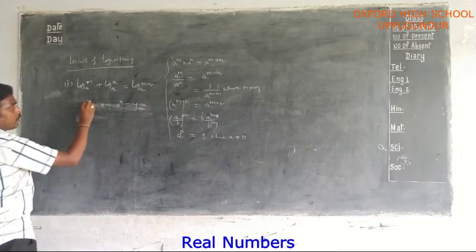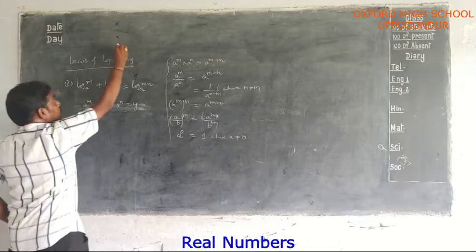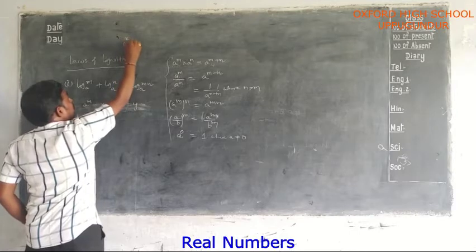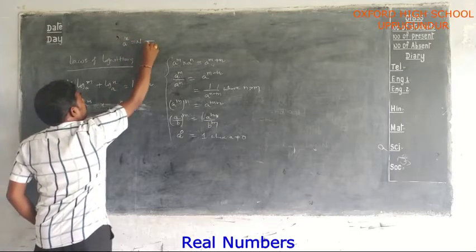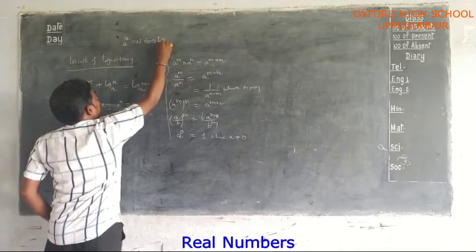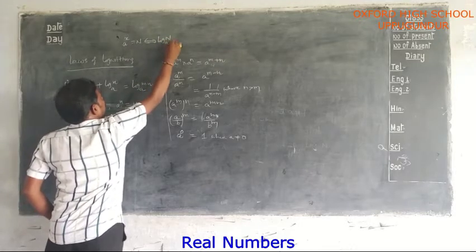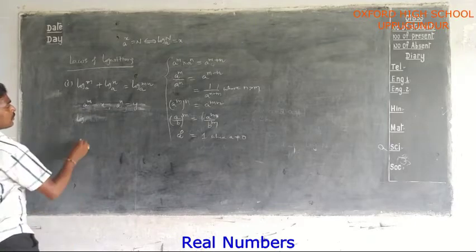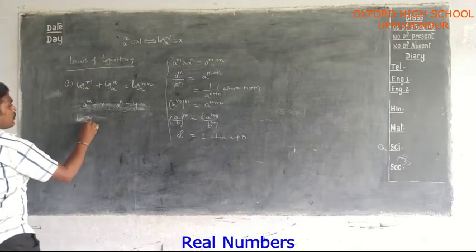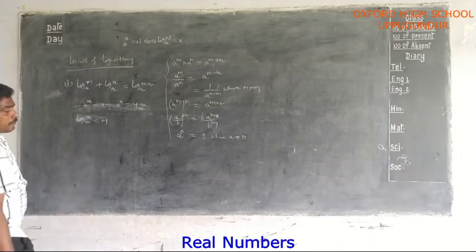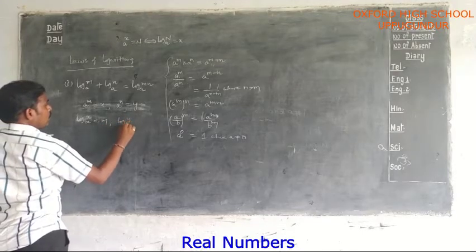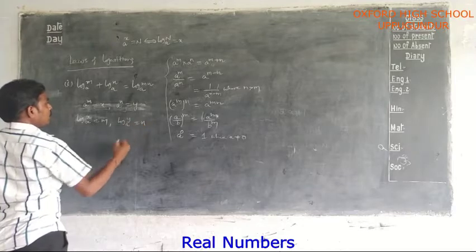What is the exponential form to logarithmic form? If a power x equal to n, it implies log n to the base a equal to x. Here a power m equal to x means log x to the base a equal to m. Similarly, log y to the base a equal to n.